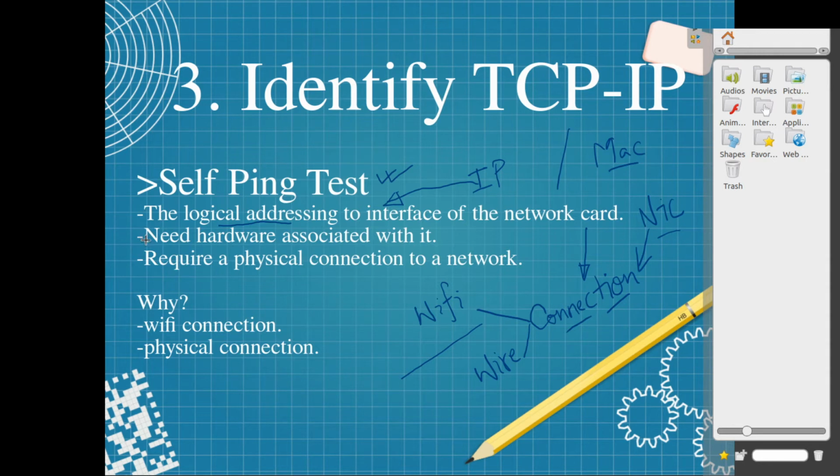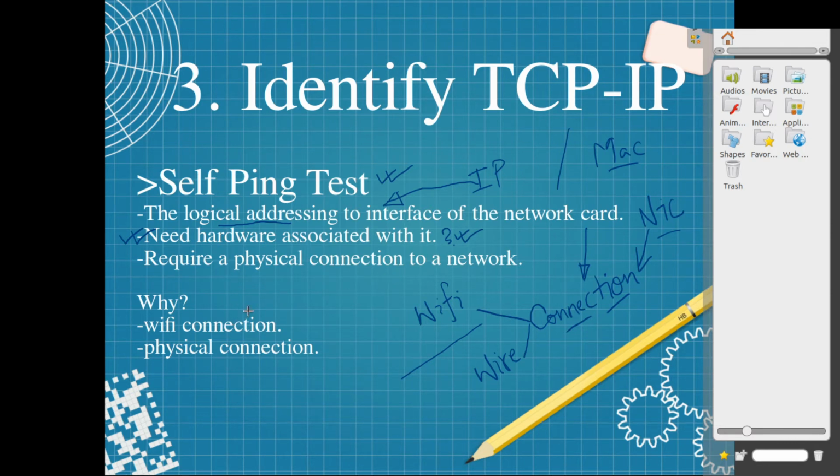Okay, next, it needs hardware associated with it, definitely. So that's completely different from your loopback address. For the loopback address, no hardware is needed. We need software only, meaning the TCP/IP stack or suite has been installed.